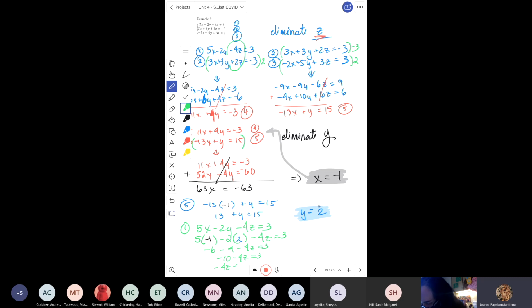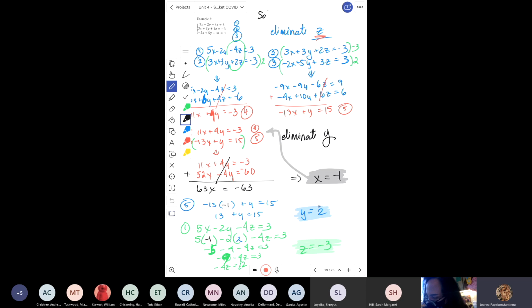Oh my goodness gracious, I'm having all sorts of issues today. It doesn't let me erase. So let me just make that 5. So that's 9. So that's going to be what? 12. So what is z? And I have a unique solution.